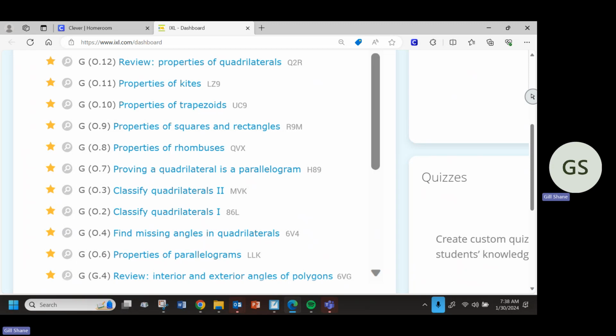I haven't spent a lot of time making that a big deal, but finding missing angles in quadrilaterals, you definitely need to know how to do that. Properties, all that stuff is good. The last 10 to 12 or so IXLs, I'm assuming it orders them the same way it orders them for me. So you have plenty of stuff you can practice. And obviously you can do the book pages, which is all right here.